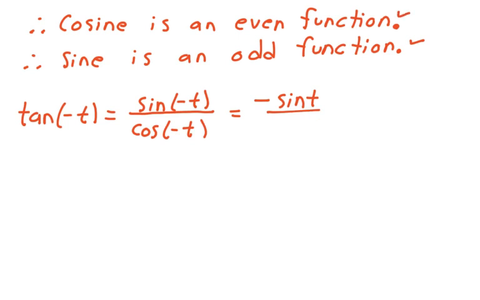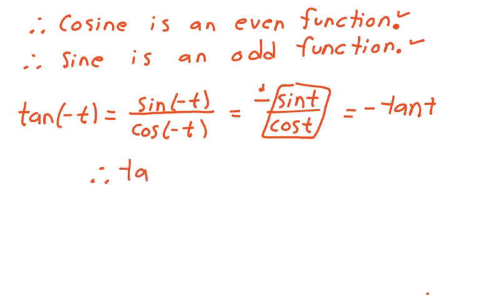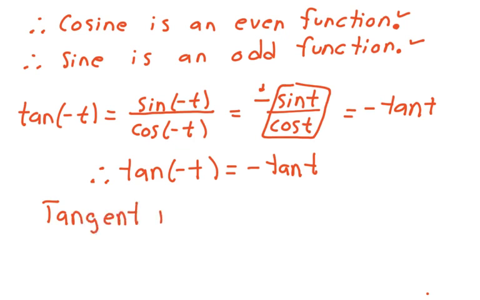Cosine is an even function, so I could write this as cosine of t. But remember that sine t over cosine t is equal to tangent t with that extra negative. And so this is negative tangent t. And so what that tells me is that tangent of negative t is the same as negative tangent t. And that says that tangent is an odd function.